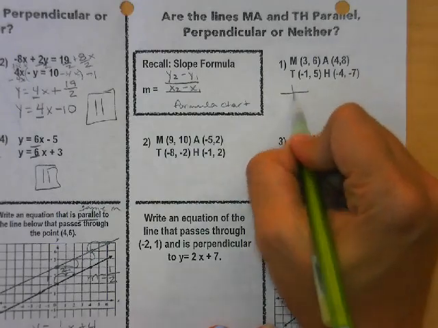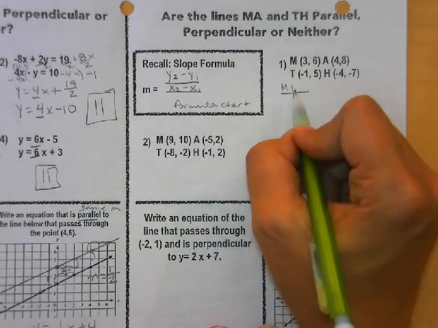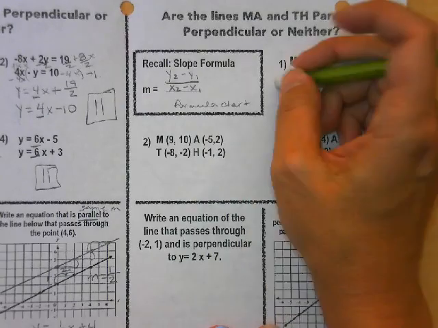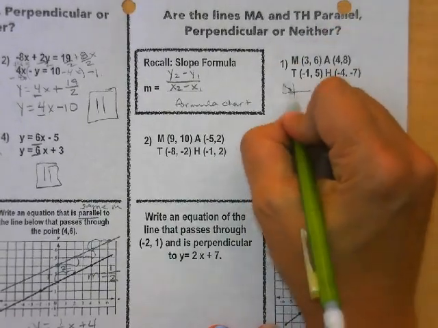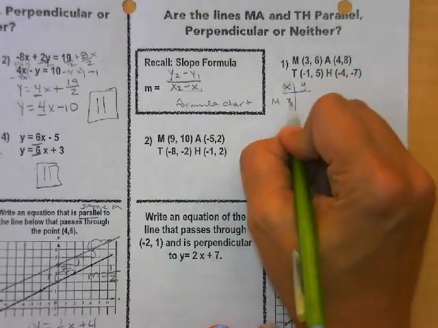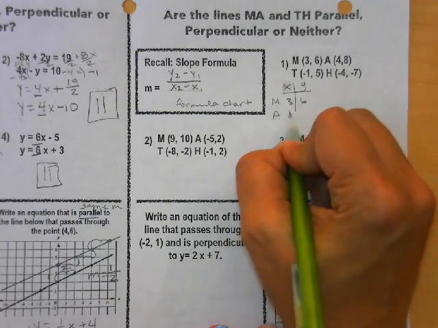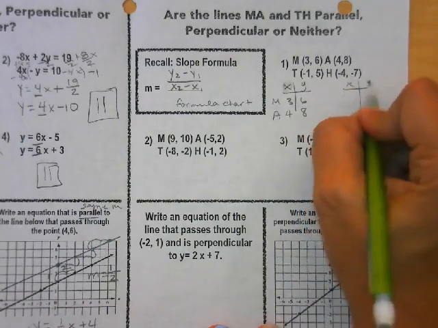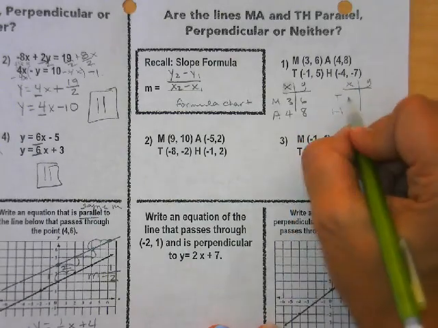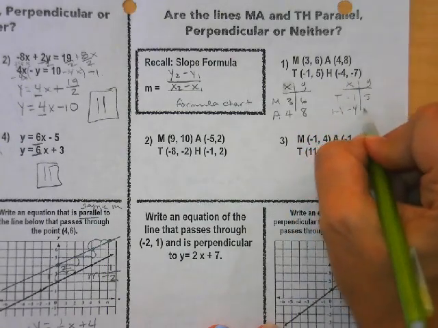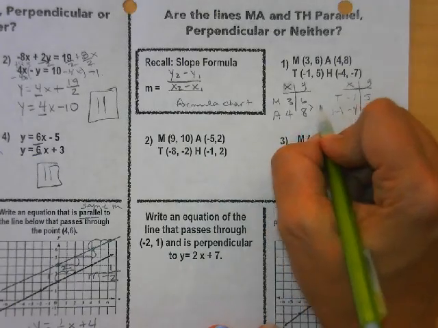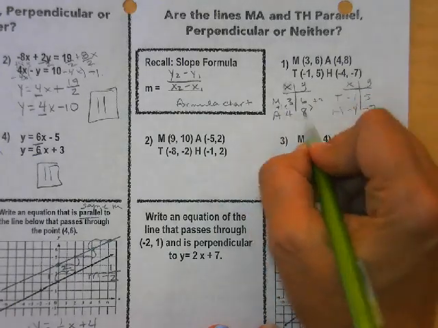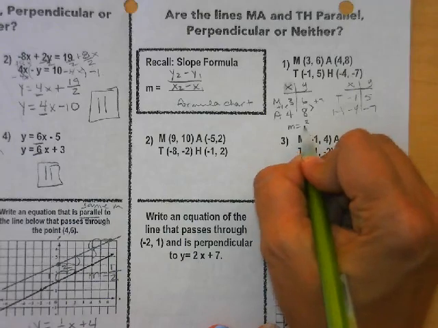So I can say for M and A, this is weird how they've done this, X and Y. So the M point is 3 and 6, A is 4 and 8. And then I need to come over here, T and H, how clever spells math. -4, -7. So we're finding the slope here, plus 2, plus 1. So my slope is 2 over 1.